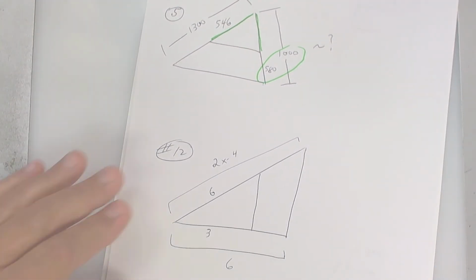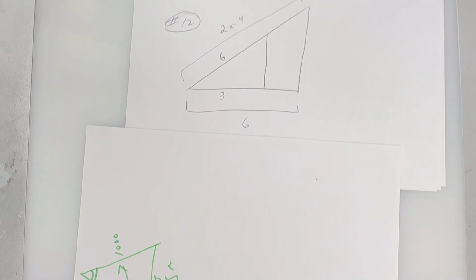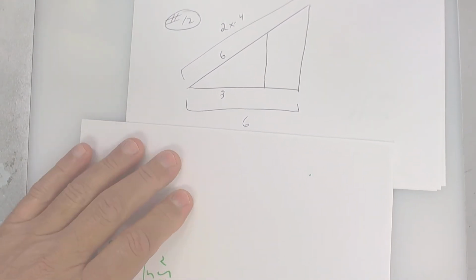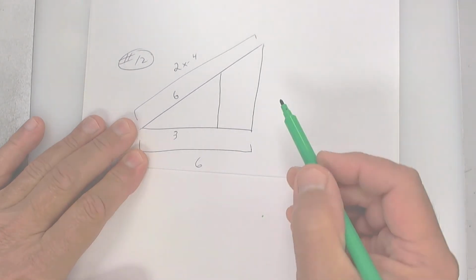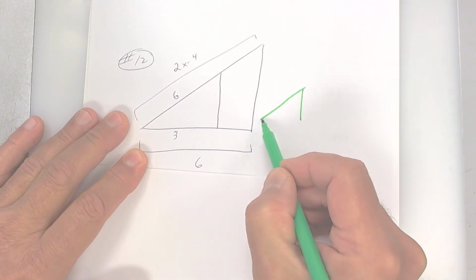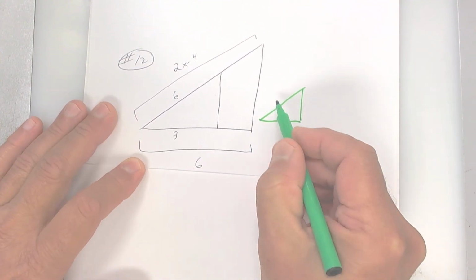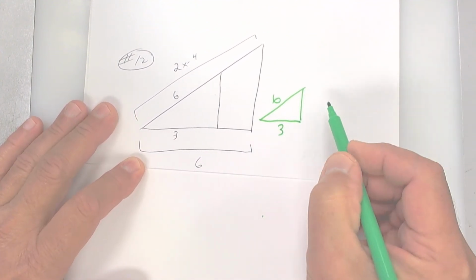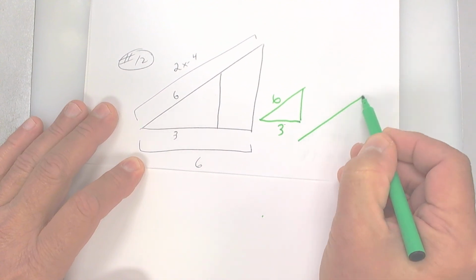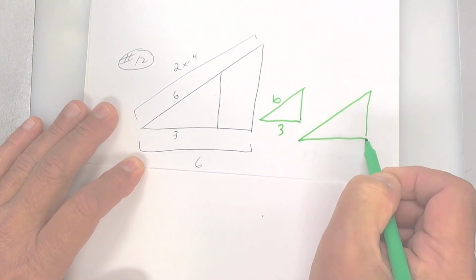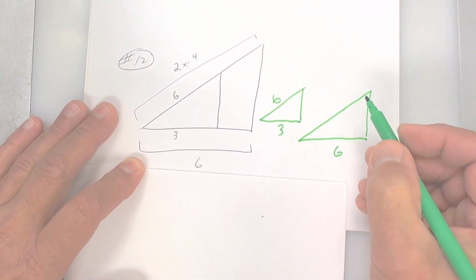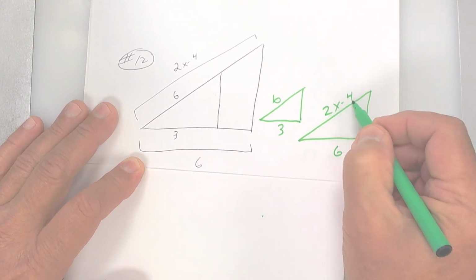Any questions on that one? All right, last one is right here. Pay attention now. You have the small triangle, which looks like this. And this triangle is a 6 and a 3. Then you have the great big triangle, where this is a 6, and this side is 2x minus 4.